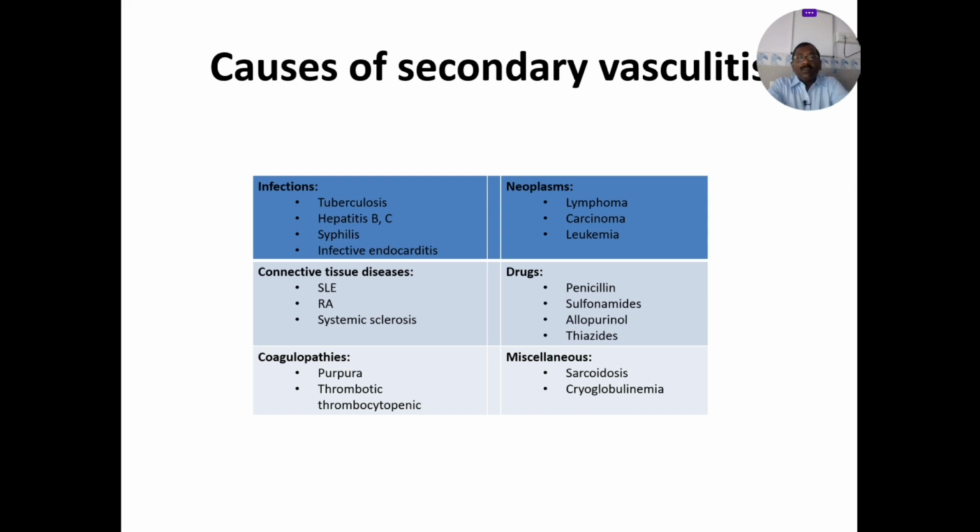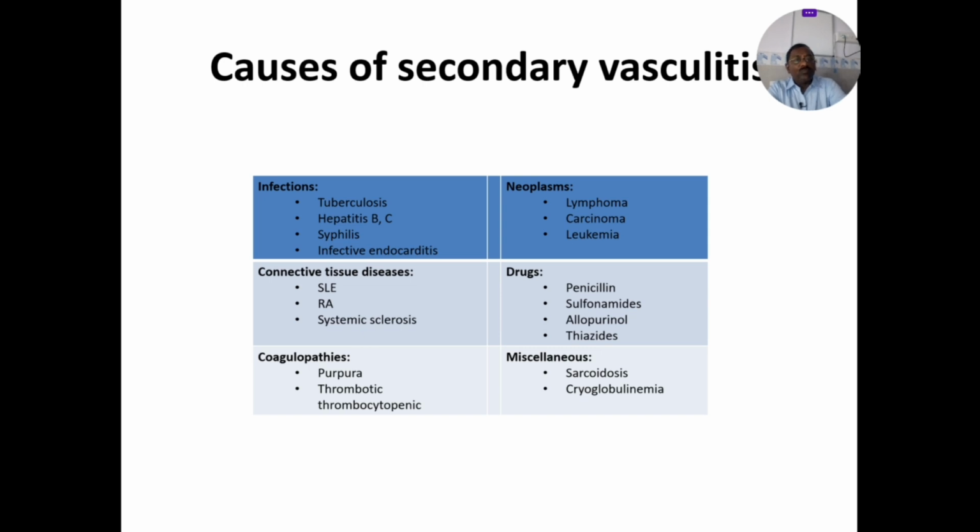Okay. So some infections, especially in India, tuberculosis. So tuberculous vasculitis, Hep B and Hep C, syphilis, infective endocarditis. So these are the infections. Connective tissue disorders like lupus, RA, systemic sclerosis, you have the vasculitis picture. Coagulopathies like thrombotic thrombocytopenic purpura, you will have the vasculitis picture.